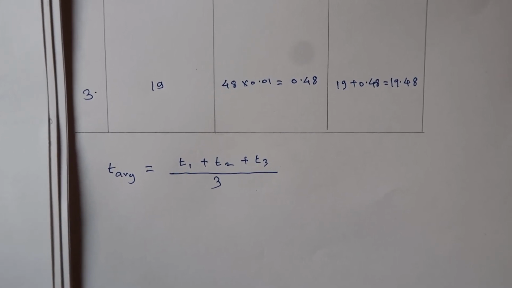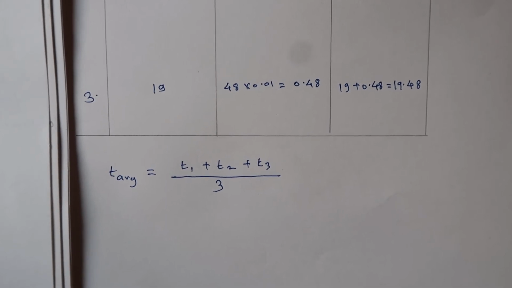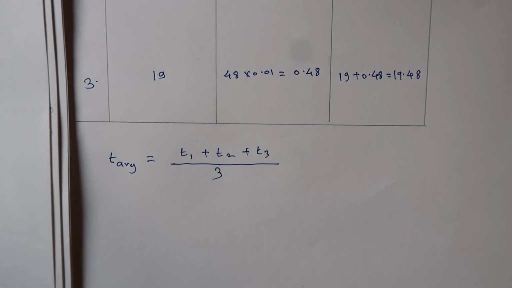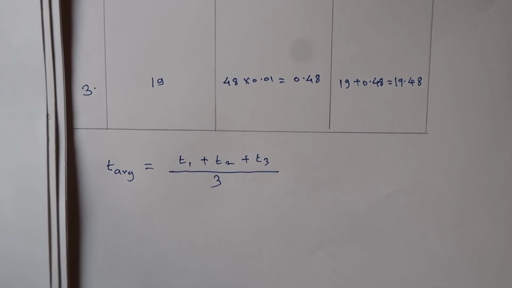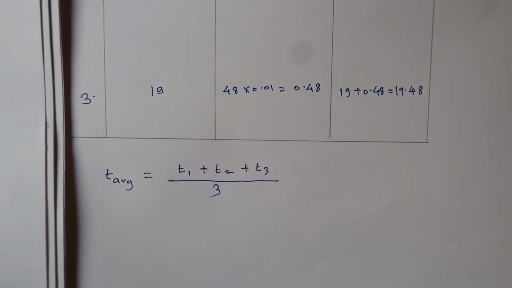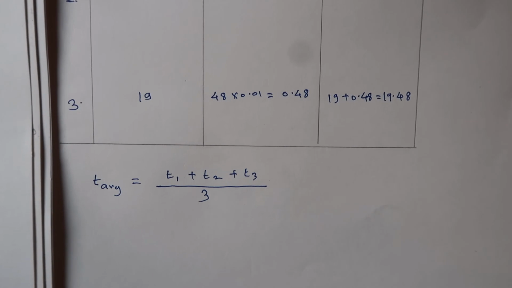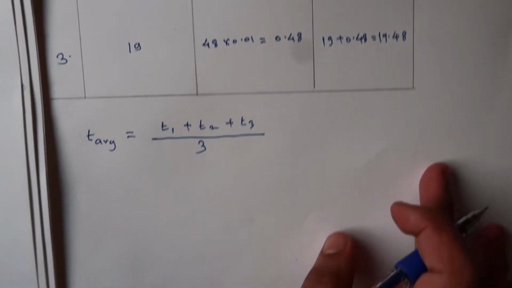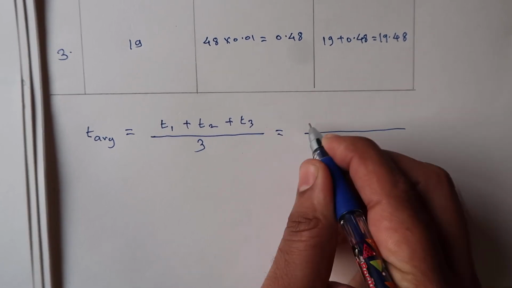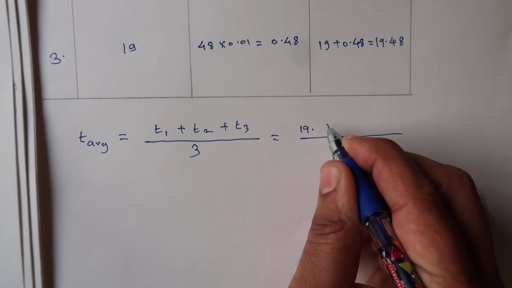19.57 plus 19.58 plus 19.48. Okay, so when all these 3 values are added, okay, let me write them again.